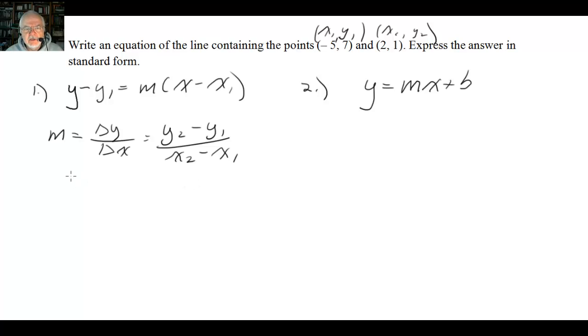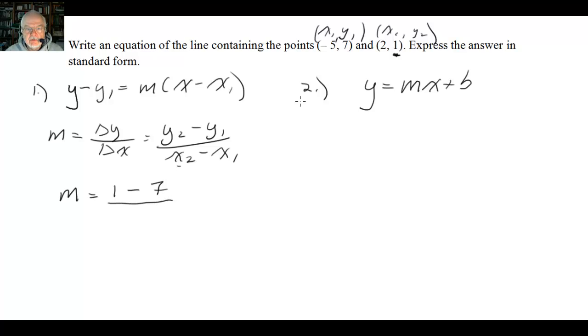In any case, now it's plug and chug time, at least for the slope. All right, so what is the slope of our line? y2. What is y2? That's up here. That's a 1. Okay? So that's 1. Now we copy this. That's minus. What's y1? y1 is 7.